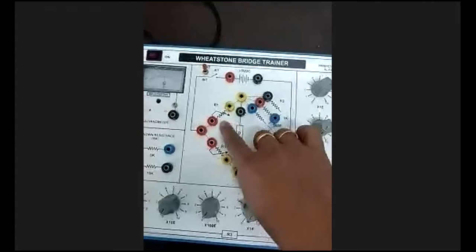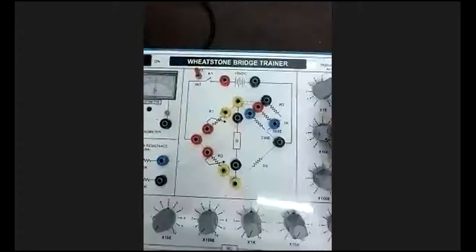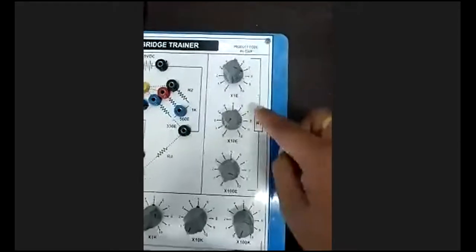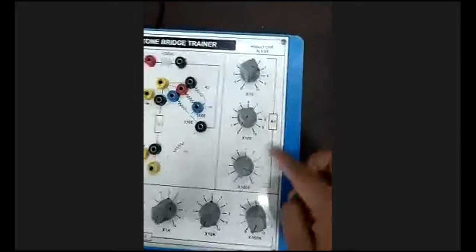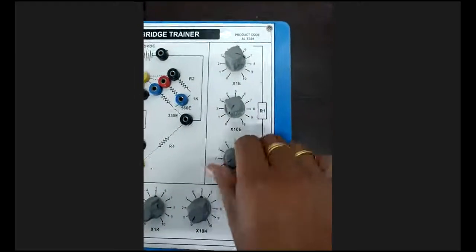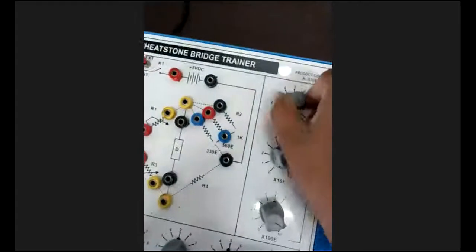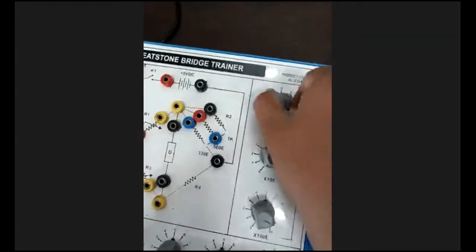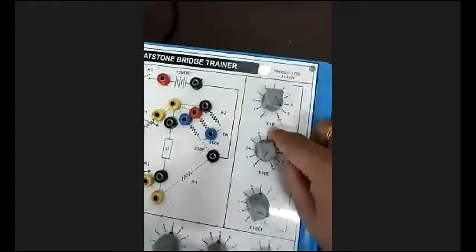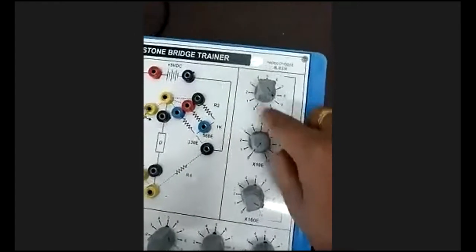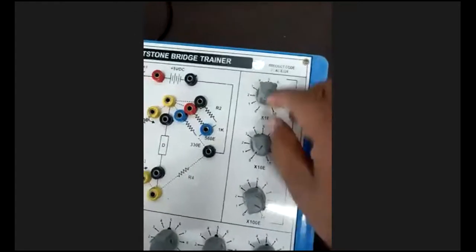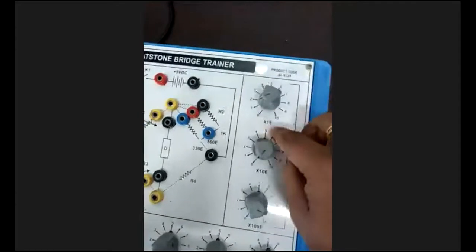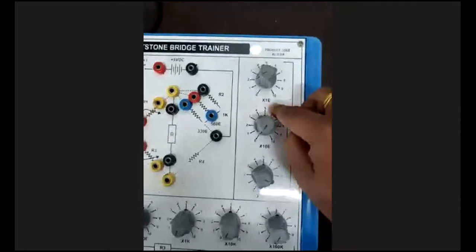Variable means, using this, see, 3 decade boxes are there, 1, 2, 3. Using this one, we can vary it. Here we can consider 1 into 1E, where 1E indicates ohm. Now 1 into 1, how much? 1 ohm. 3 into 1, 3 ohm.